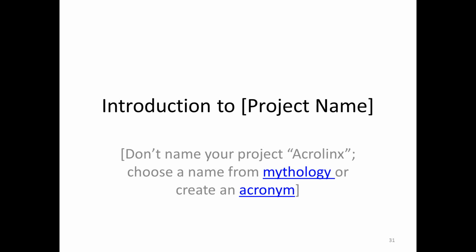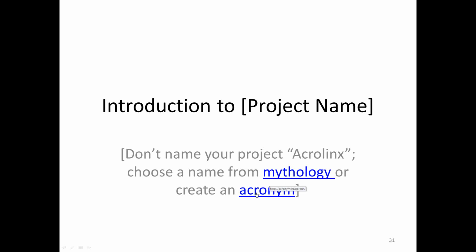And let me suggest that calling yourself an Acrolinx advocate is probably not a good idea. Likewise, calling this the Acrolinx project is probably not a good idea. So there are some alternatives. We put in here links to a couple of websites that can help you. This is called behindthename.com, and you could choose a name from mythology, or here's one called acronymcreator.net.